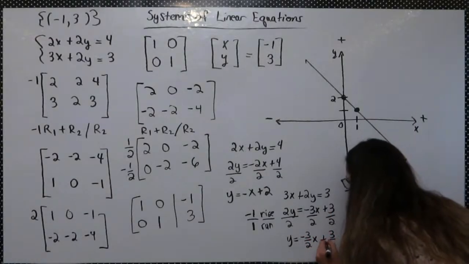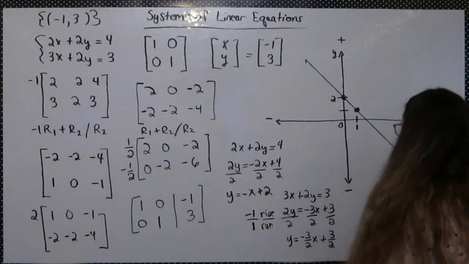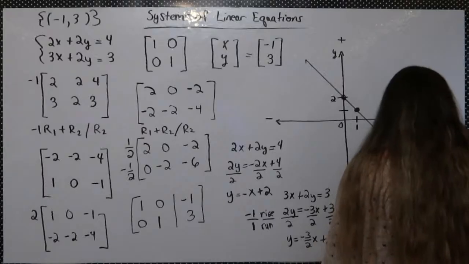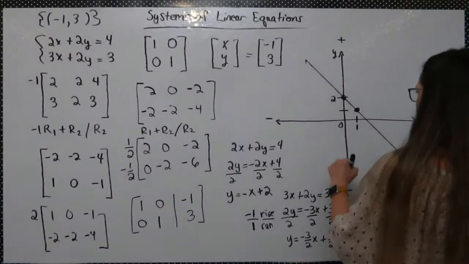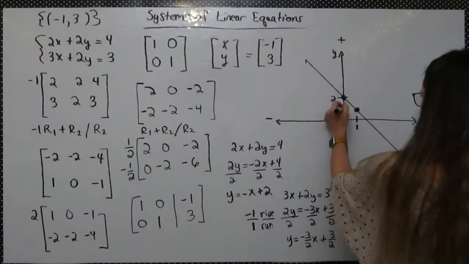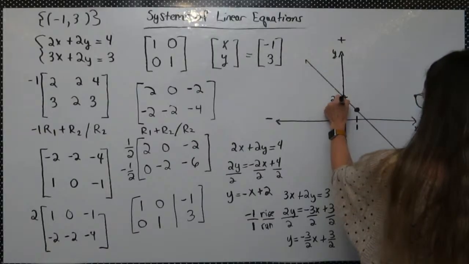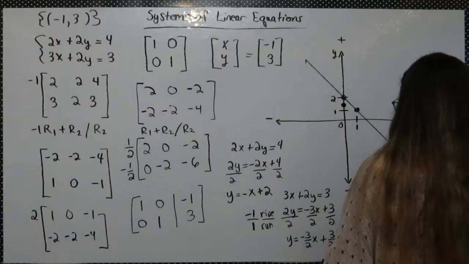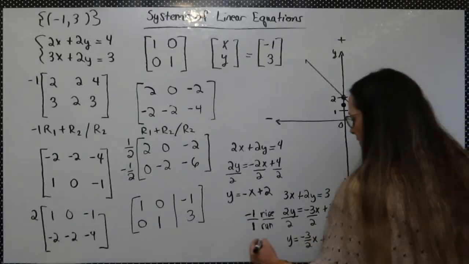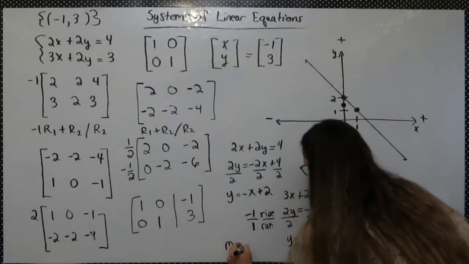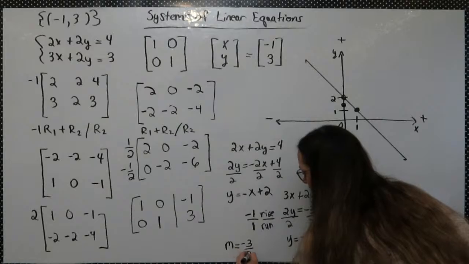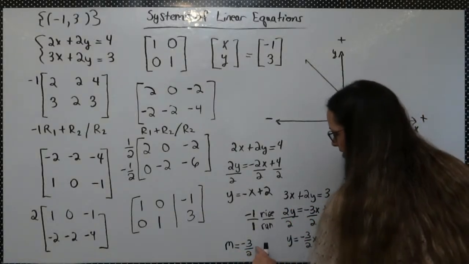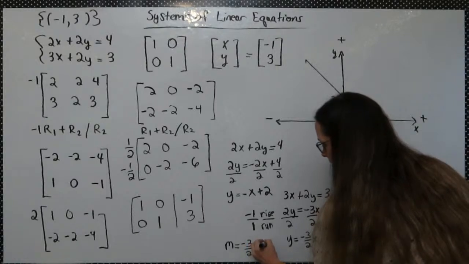3/2 is approximately 1 1/2. All right, so we're going to go ahead and locate the y-intercept at 1 1/2, which would be right here. That's 1. And then we're going to use that rule again. We've got a slope of -3/2, so we'll rise -3 and we'll run 2.